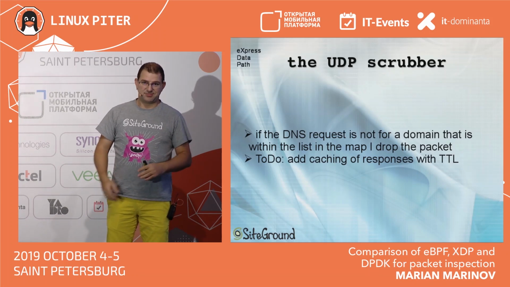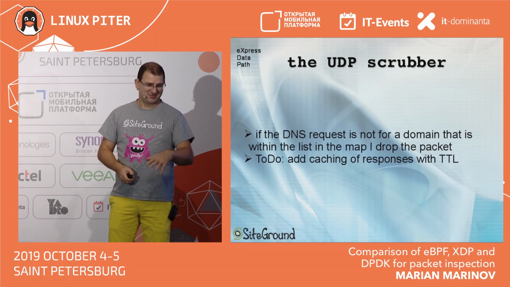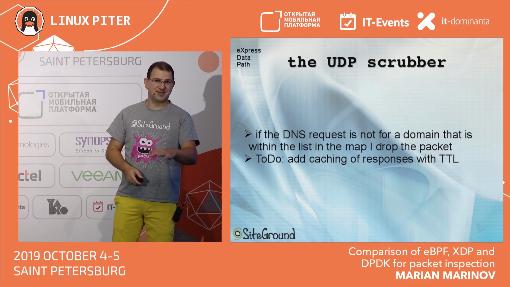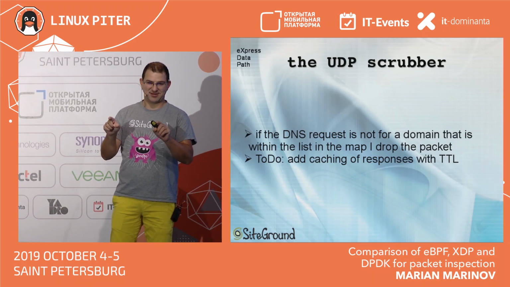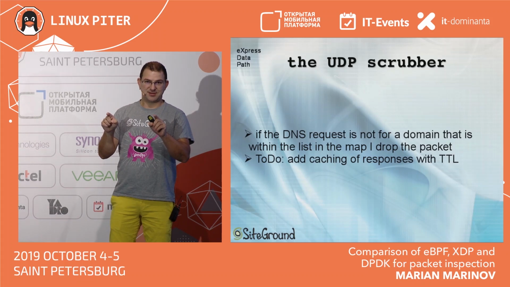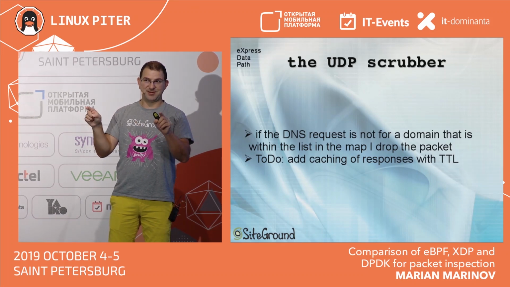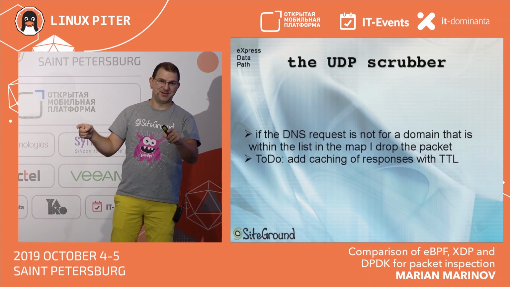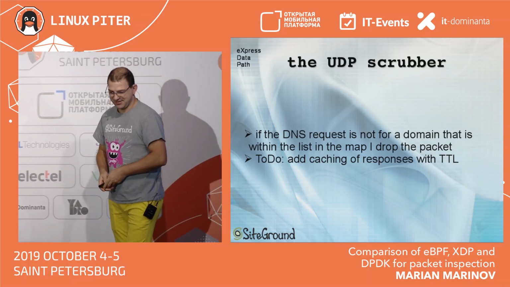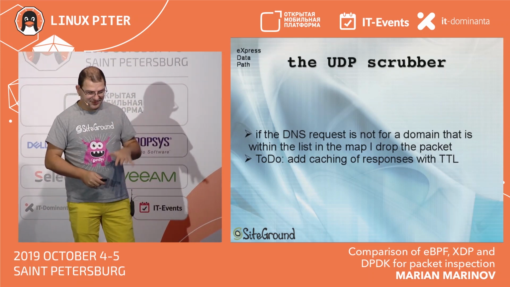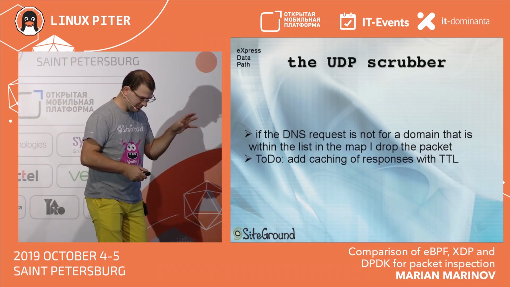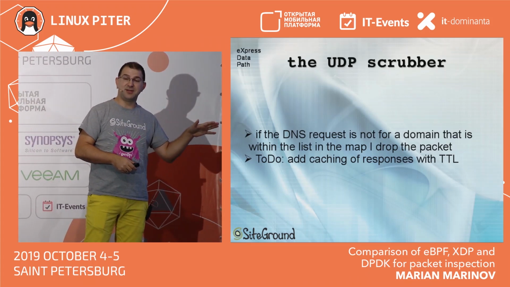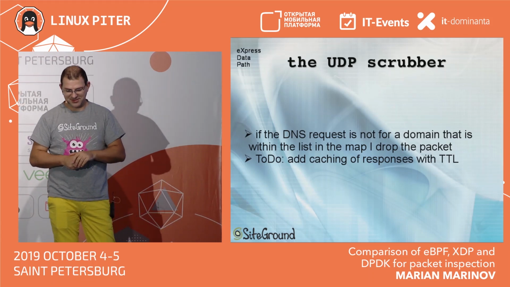And there, I know that there are TLDs like .co.uk and stuff like this. I have a pretty simple hack there that says, okay, the TLD is everything from the first 6 symbols to the point. So that was just a little bit tricky when I started scrubbing the traffic.